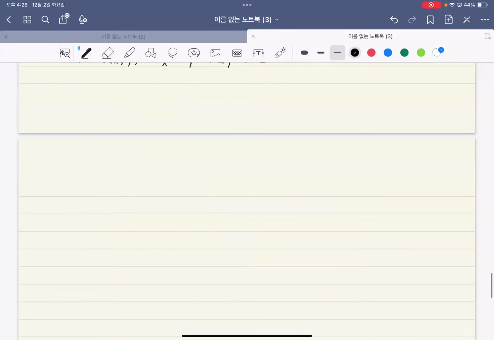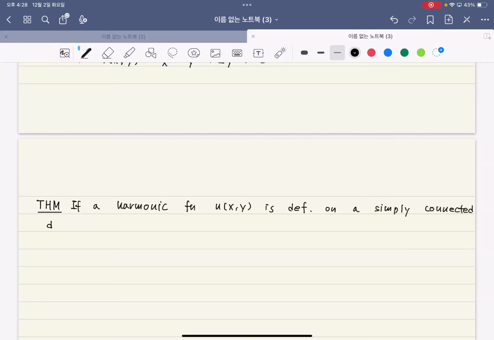And it turns out this is very closely related to the topology of the domain. It goes like this. If a harmonic function, I should better say u, is defined on a simply connected domain, do you remember the meaning of a simply connected domain?